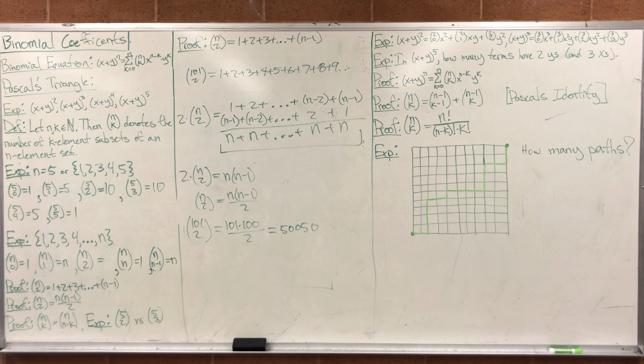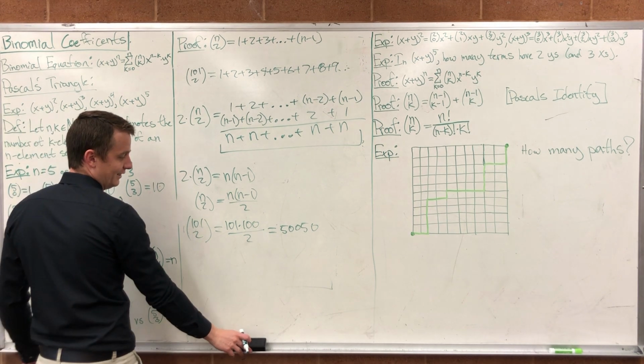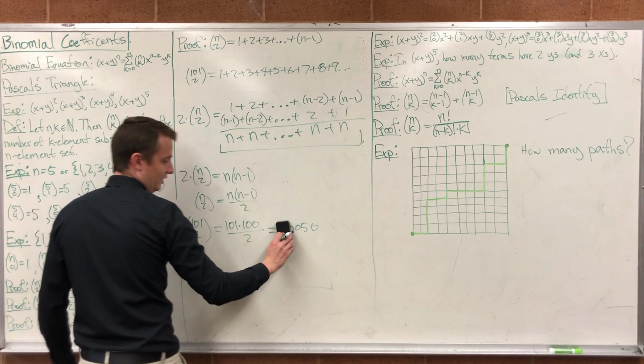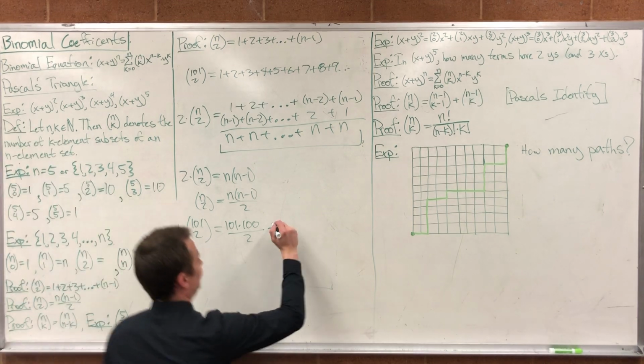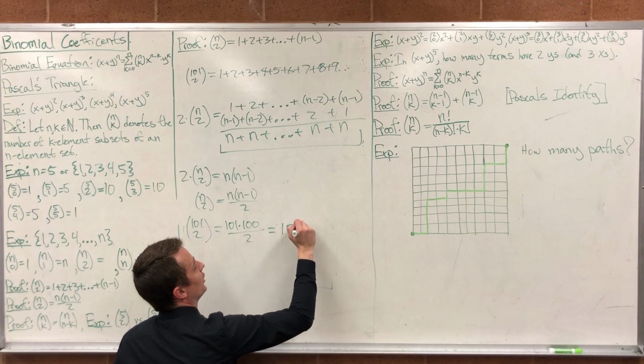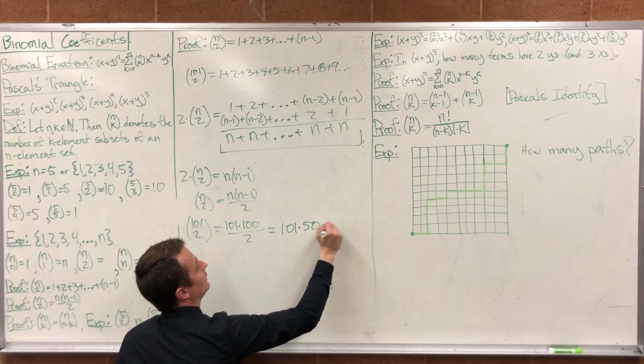Is that right? It looks right. So there's 2 zeros of 50 times 10, and then 1 with 50 times 1. Sometimes it goes wrong in my brain. 101 times 50.